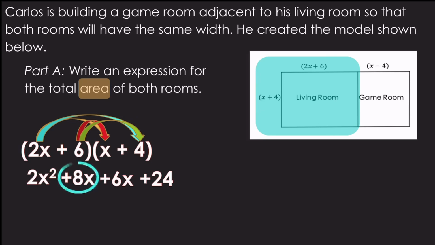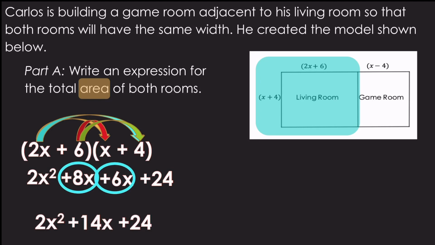The only like terms are 8x and 6x, so I get 2x squared plus 14x plus 24. That right there is the area of the living room. Everyone with me? Remember, you can pause at any point to write this down.